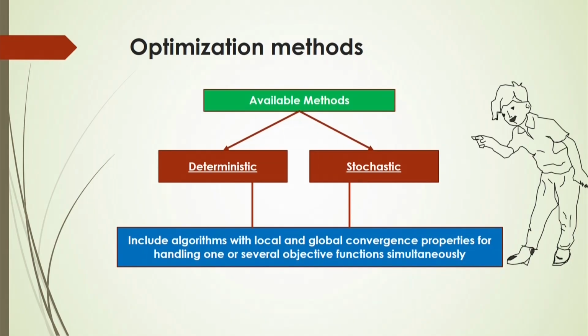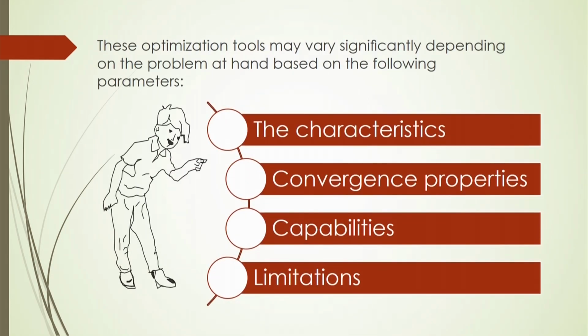the available methods are deterministic and stochastic. Both methods include algorithms with local and global convergence properties for handling one or several objective functions simultaneously. So, first of all, let us consider how these optimization tools may vary significantly depending on the problem at hand based on the parameters.